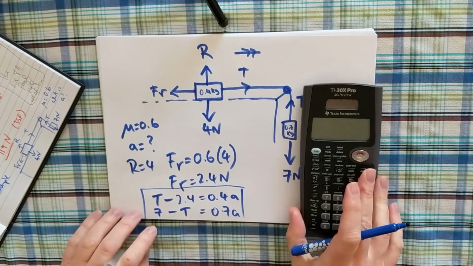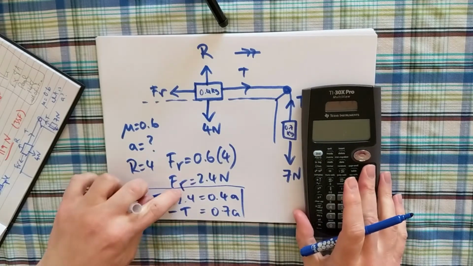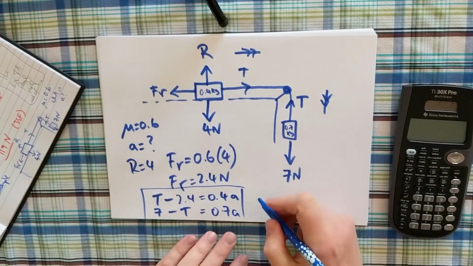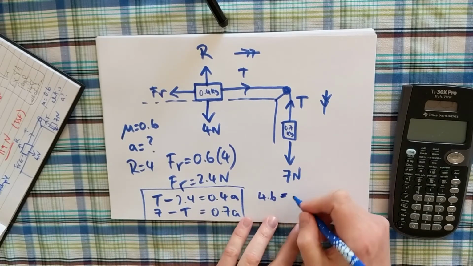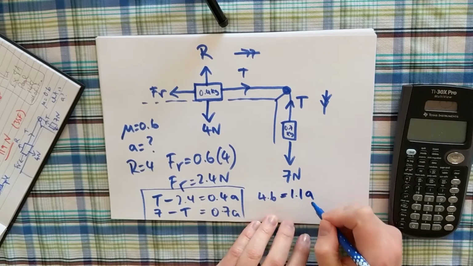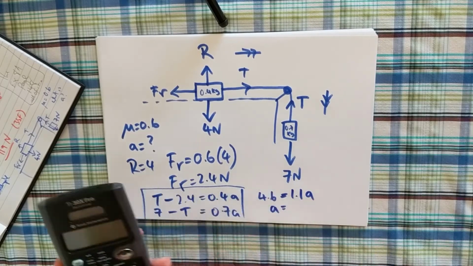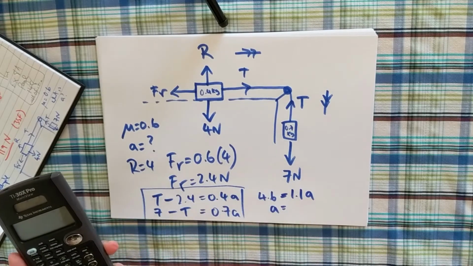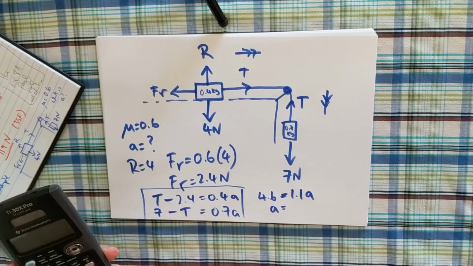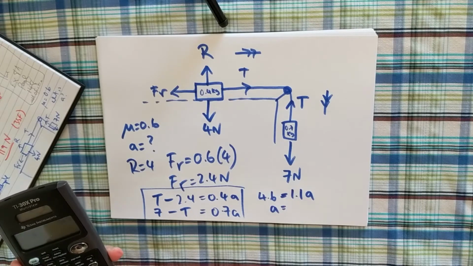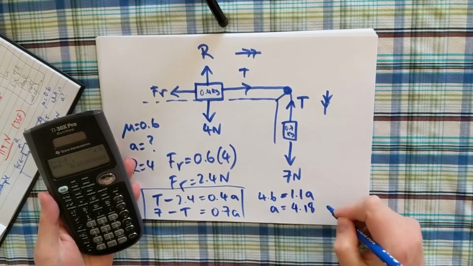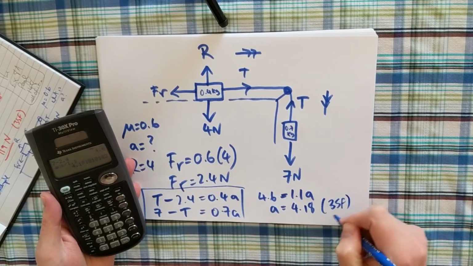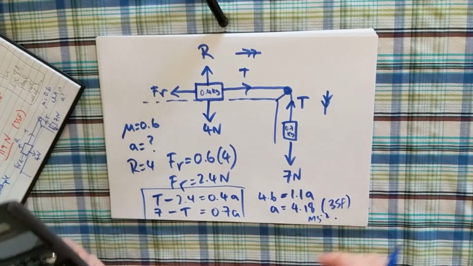Here, if I add these together, I get 7 minus 2.4, which is going to be 4.6, and 0.4 plus 0.7, that's 1.1a, which makes a, just double check I got that right, 7 minus 2.4 divided by 1.1, I get an acceleration of 4.18 to 3 significant figures, meters per second squared.